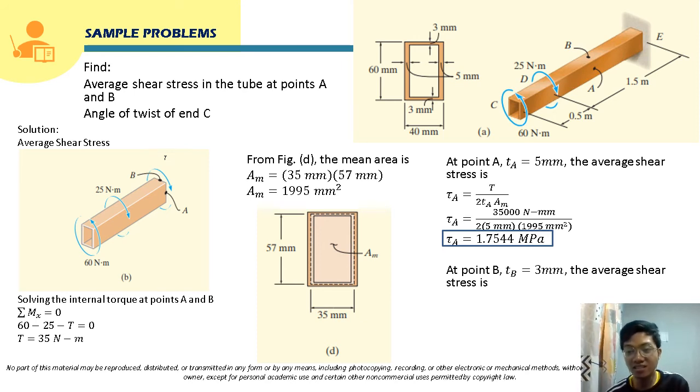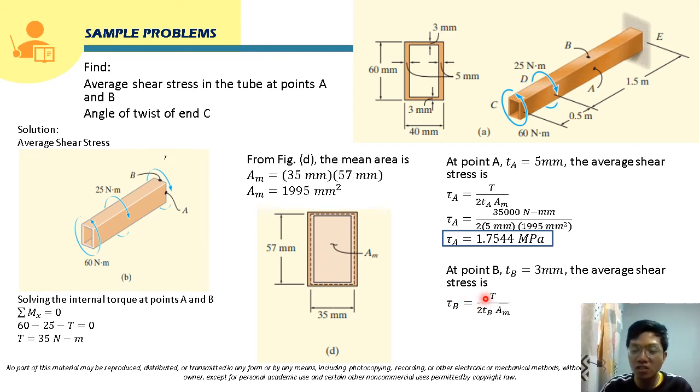Okay. Now, for the shear stress at point B, we will also solve this. So this stress will be different from the shear stress at point A because they have different thickness. So the thickness of the wall at point B, class, is 3 millimeter. This is the thickness that we're going to use in our formula here.